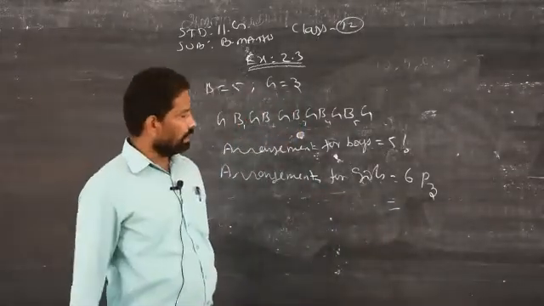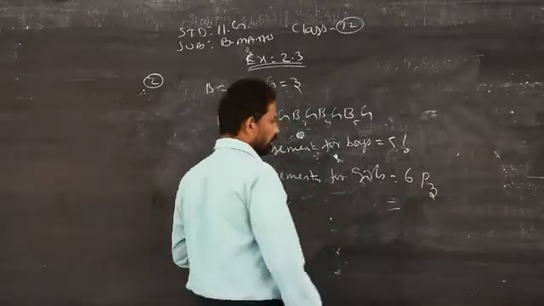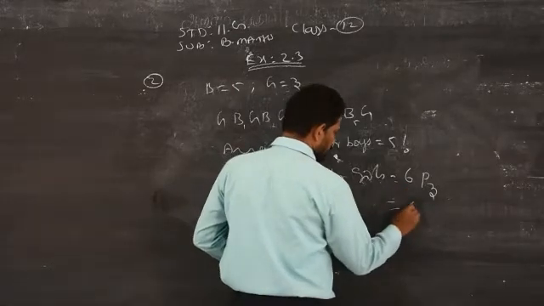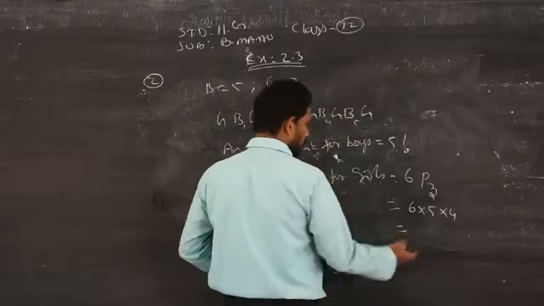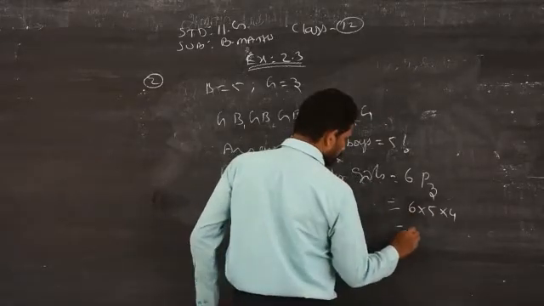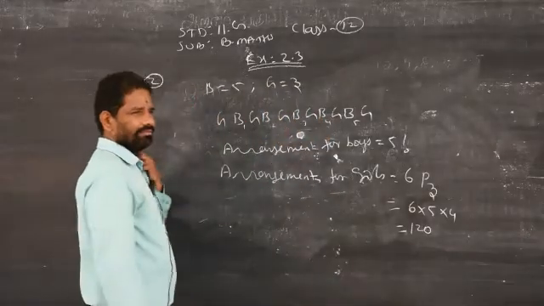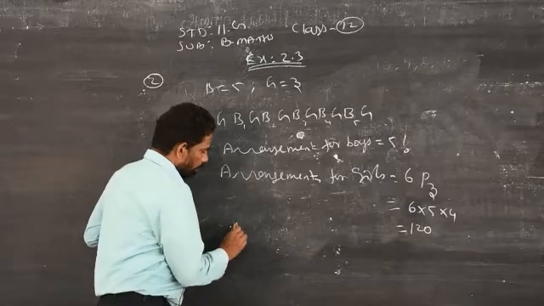No need to write the formula because I said already. See the suffix 3. You have to write 3 numbers starting from 6 in descending order: 6, 5, 4. 6 5s are 30. 30 into 4, 120. Clear.